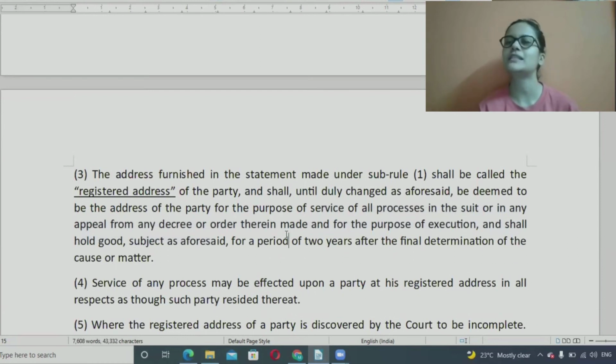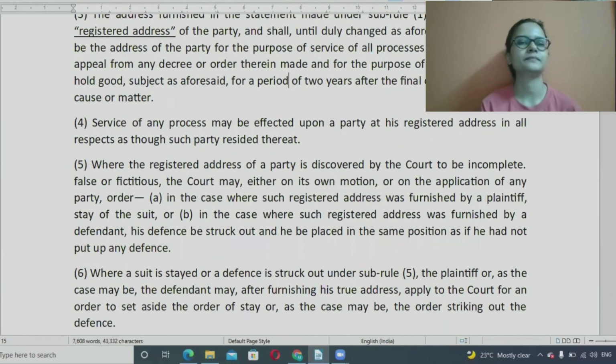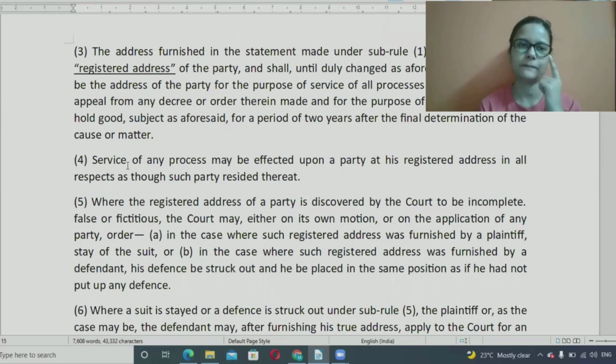Whatever things need to be sent will be sent to that registered address only, which is mentioned in that form, or at the initial stage in the plaint. Service of any process may be effected upon a party at this address in all respects as though such party resided there. So it would be considered that the party is available there, and it will be sent to that place only.